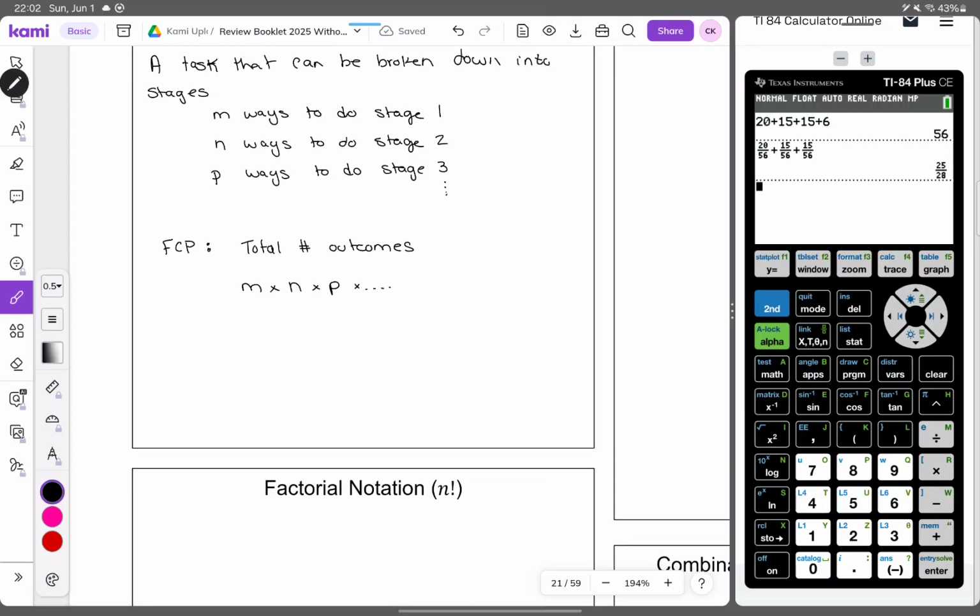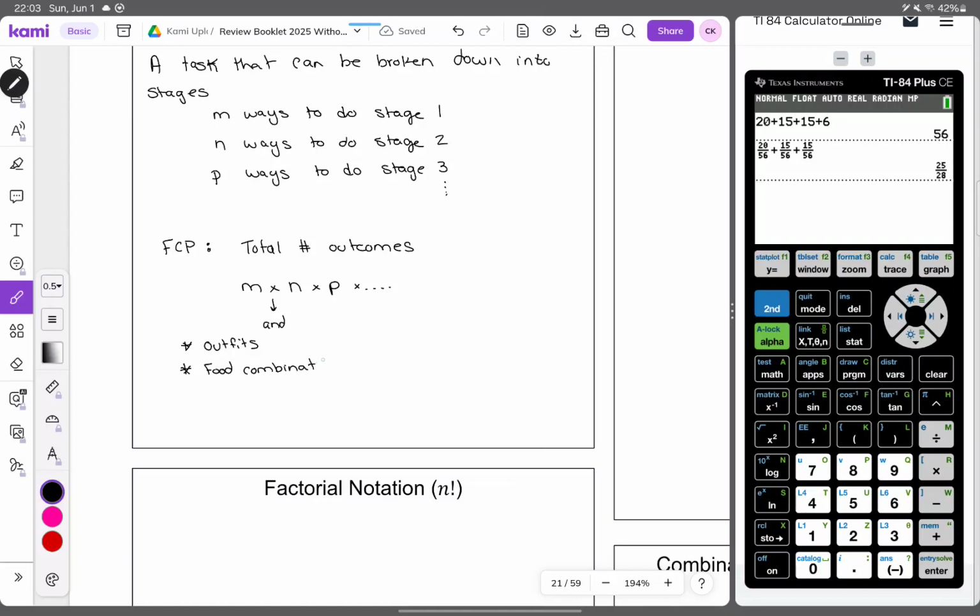Because we have to do one stage and another, you have to choose the shirt and the pants and the shoes, and "and" means multiply. So this is really common with choosing your outfits, really common with food combinations.